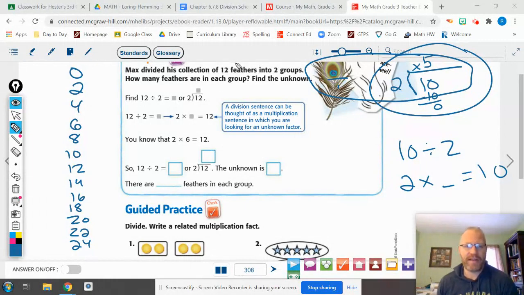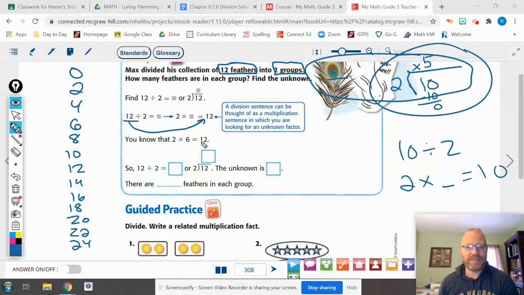Max divided his collection of 12 feathers into 2 groups. So he has 12 total, which goes inside the house, or first, and then he's going to divide that by 2 groups. So 12 divided by 2 is the same as 2 times something equals 12. All we did was take our total and move it to the end, or the product section, of the multiplication.